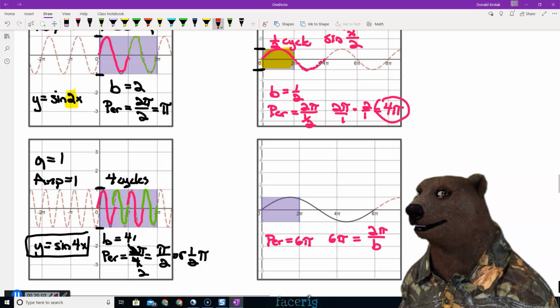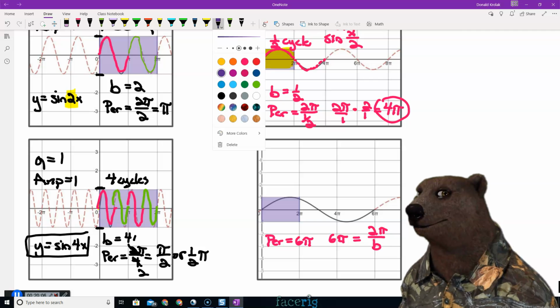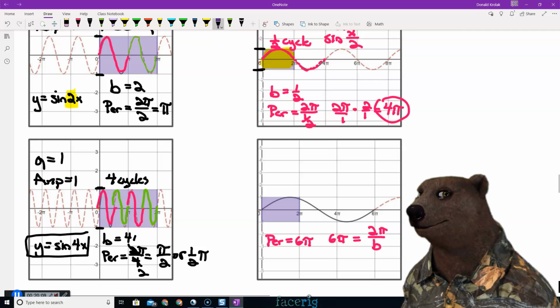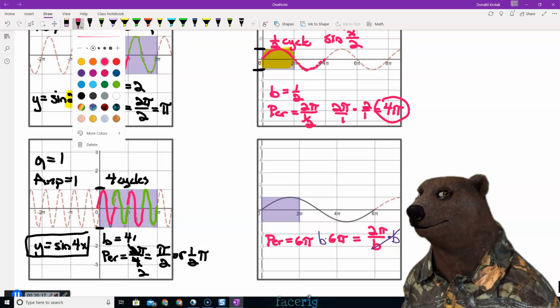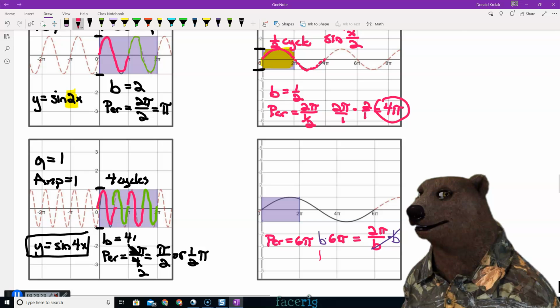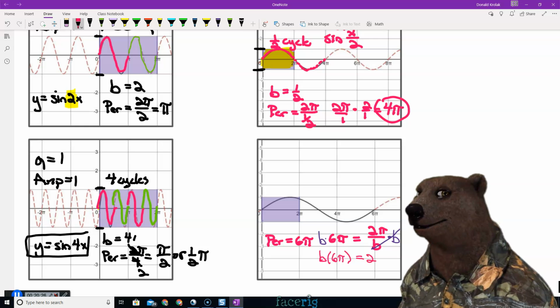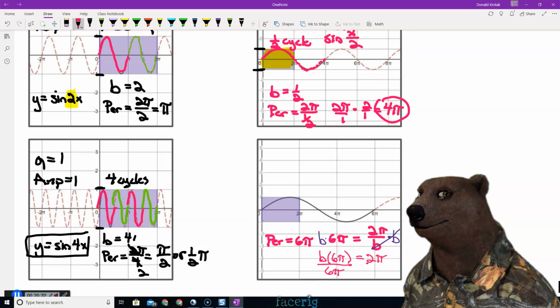I multiply both sides by b, those cancel, and I get b times 6 pi equals 2 pi. Now I divide both sides by 6 pi, those cancel, and b is equal to 1/3.